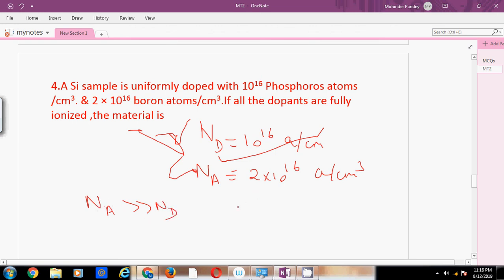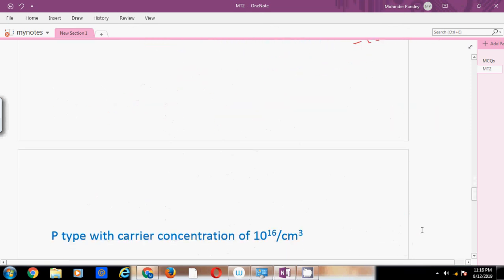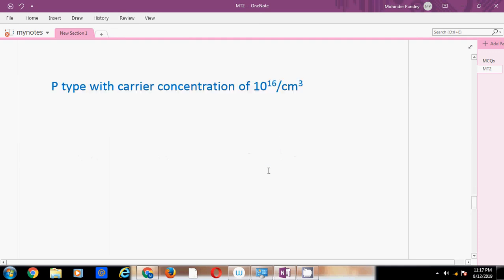So if the dopants are fully ionized, the material will be p-type, because the question already says that Na is greater than Nd. So p-type with how much concentration? Na minus Nd, that is equivalent to 10 to the power 16 atoms per centimeter cube. So the right answer is this much. P-type with a carrier concentration of 10 to the power 16 per centimeter cube.